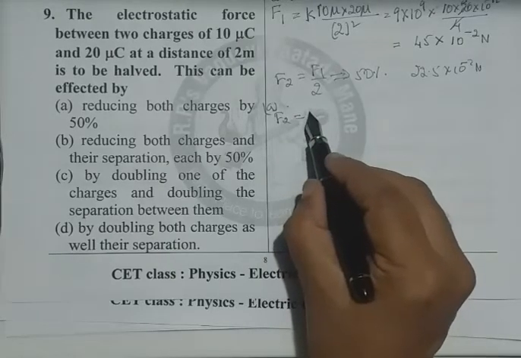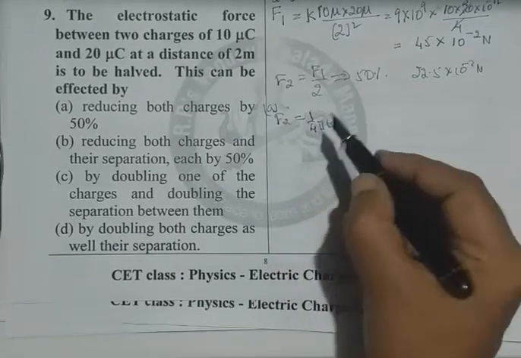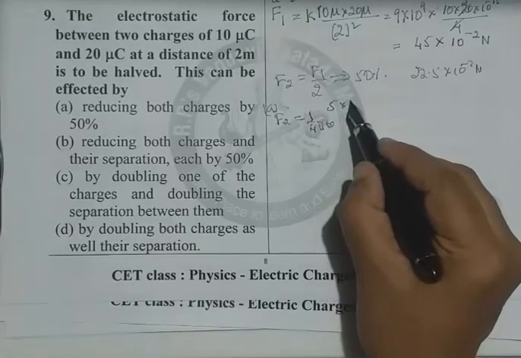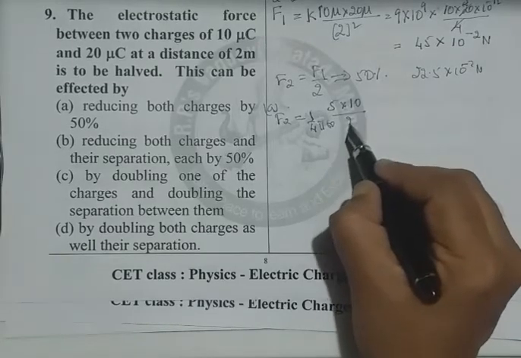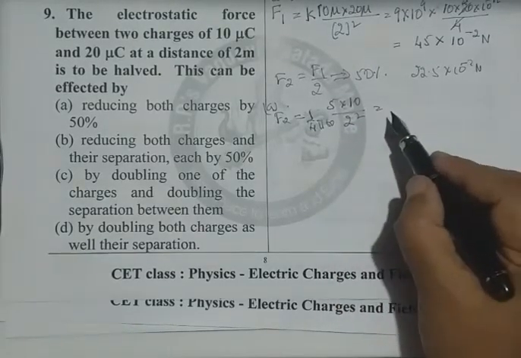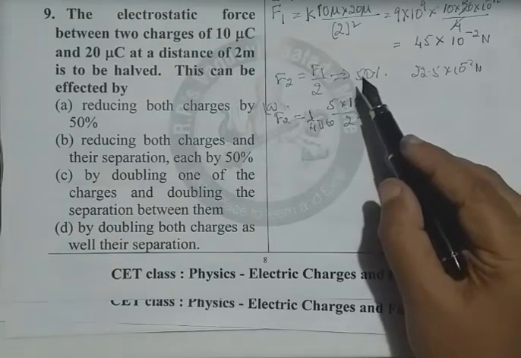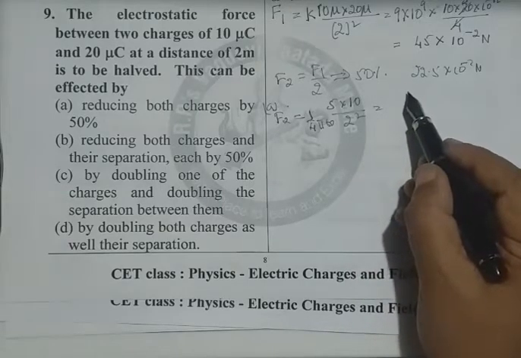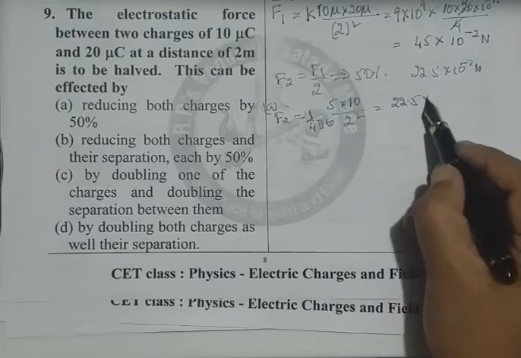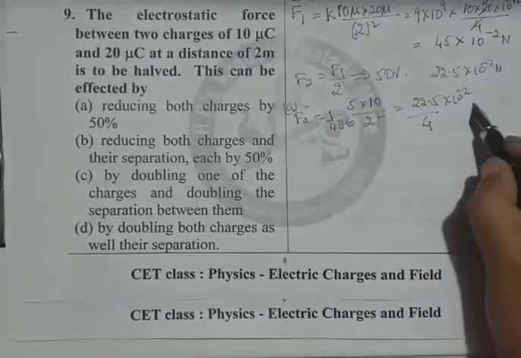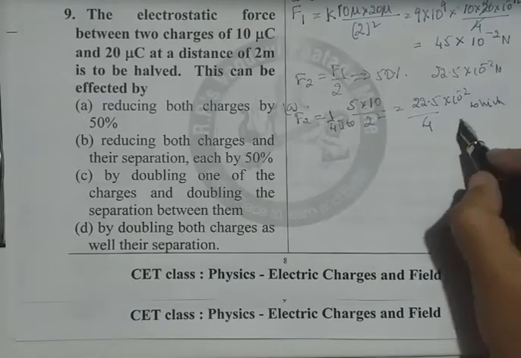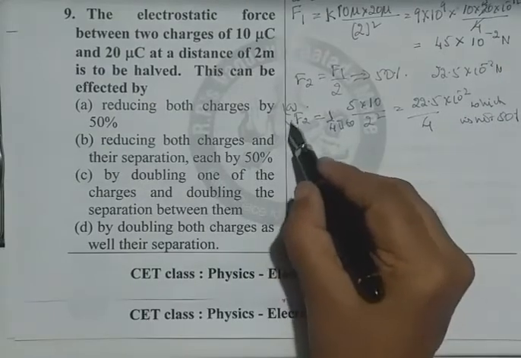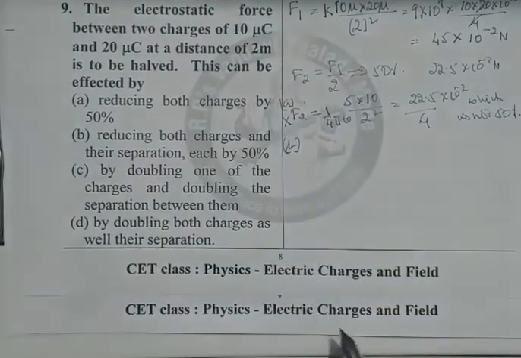F2 is 1 by 4 pi epsilon naught, 2 charges reduced by 50% means 5 and 10, divided by distance 2 square, which amounts to the whole thing divided by 4, that is 22.5 into 10 raised to minus 2 by 4, which is not 50%. It is 25%. So option A is not possible. We go for option B.